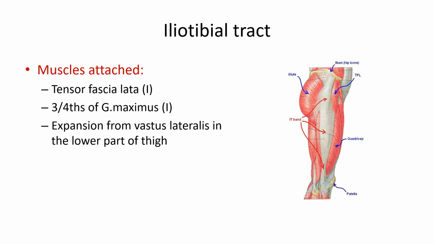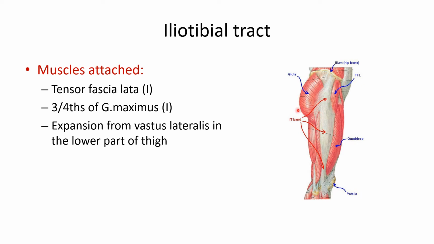The muscles attached to the iliotibial tract: the tensor fascia lata, which you are seeing coming from anteriorly, and this is the iliac crest you are seeing, and this is the attachment to the tubercle and to the anterior 5 centimeters of the outer lip of iliac crest.